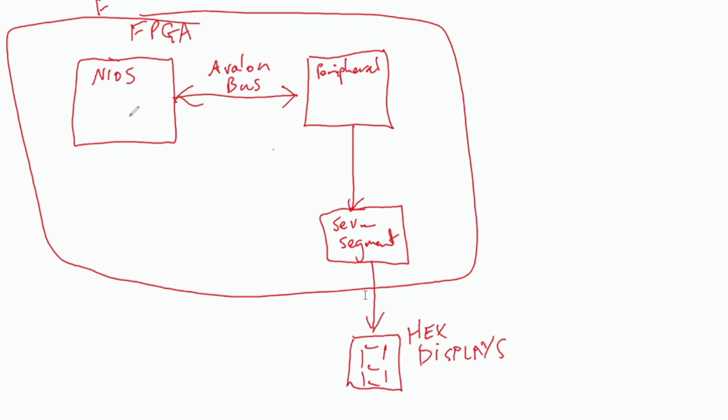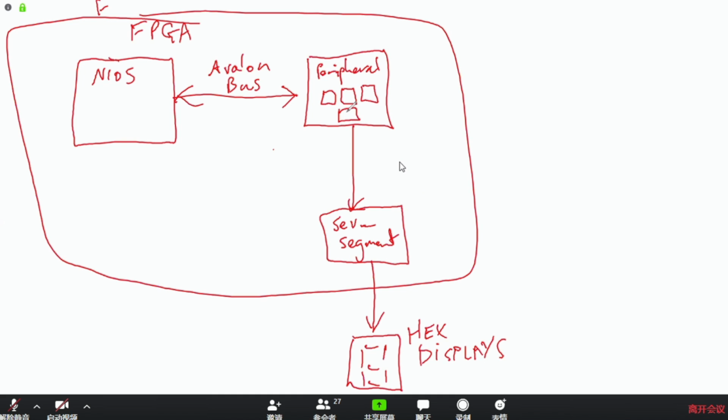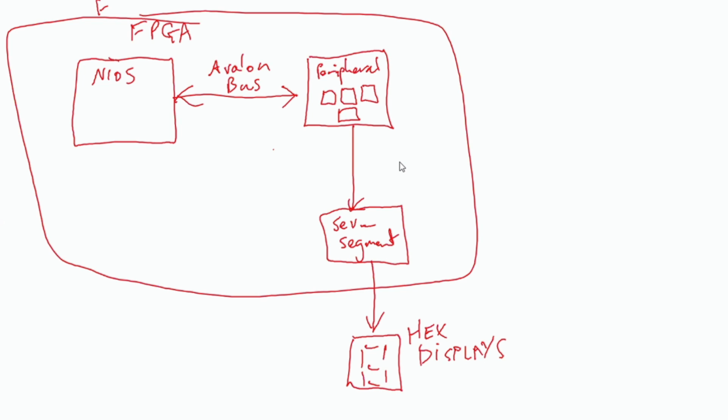The NEOS connects through the Avalon bus through to the peripheral. And in the peripheral, we only have 4 16-bit registers. In that, you can choose one of those 4 registers to then display on the 7-segment display.